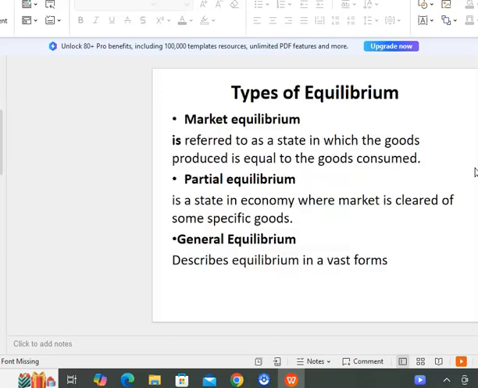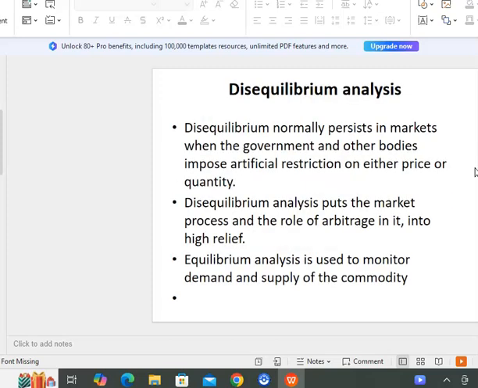So that's what we are talking about, the disequilibrium analysis, where the government and other bodies may impose artificial restrictions on either price or quantity to restore the equilibrium. And the disequilibrium analysis puts the market process and the role of arbitrage in it into higher relief. And the equilibrium analysis is used to monitor demand and supply of the commodity.